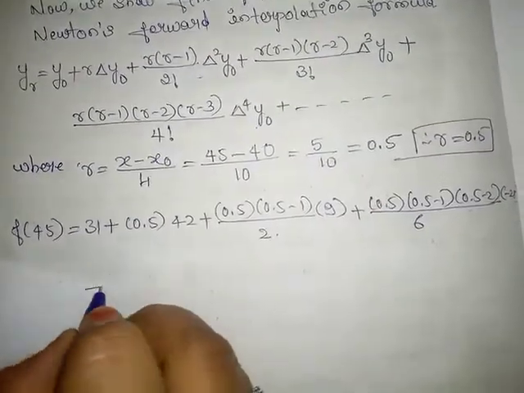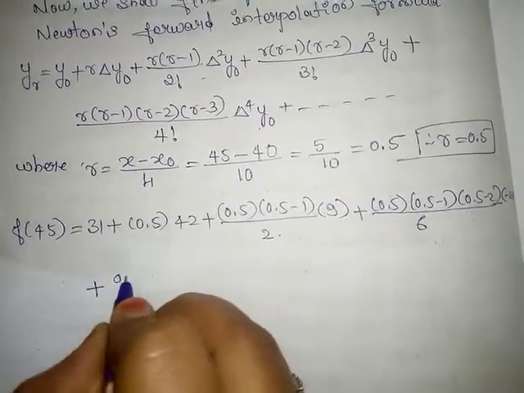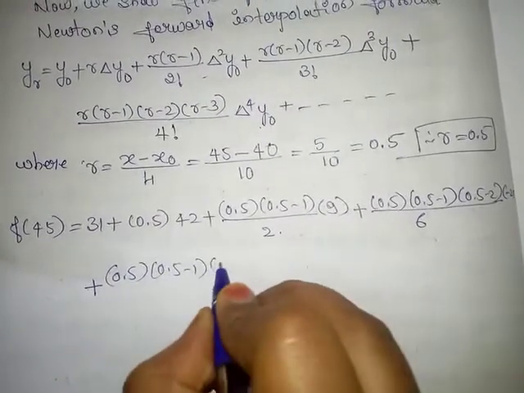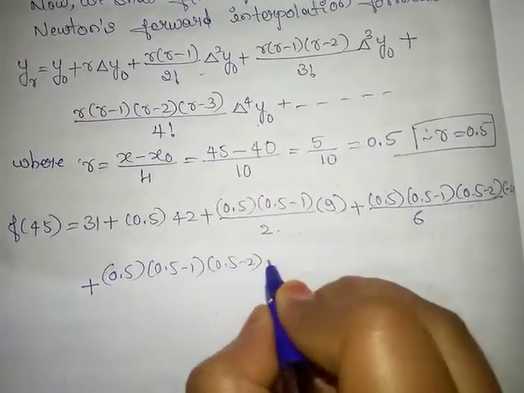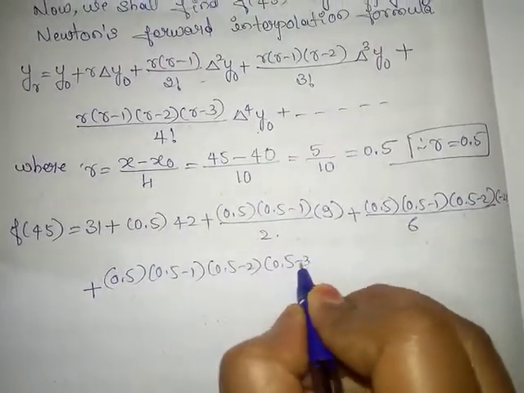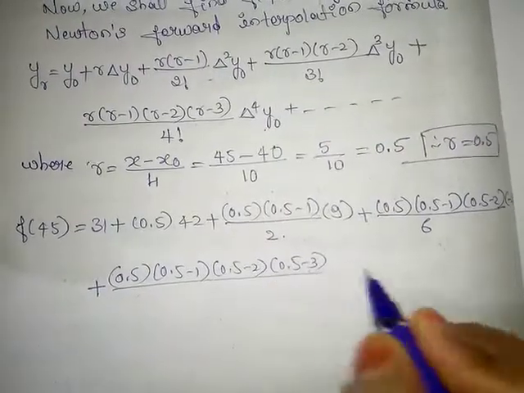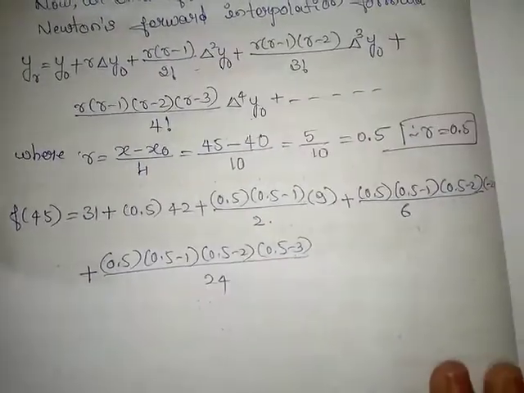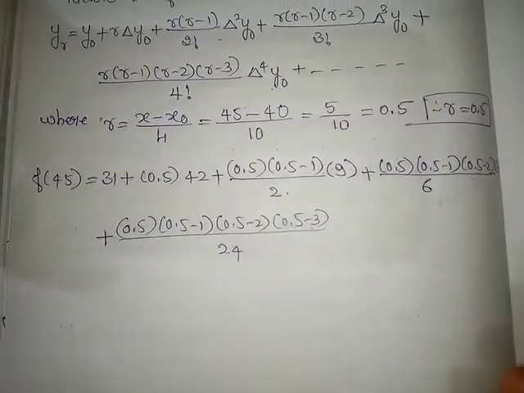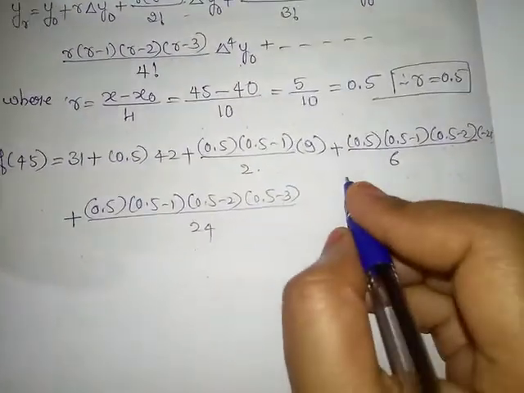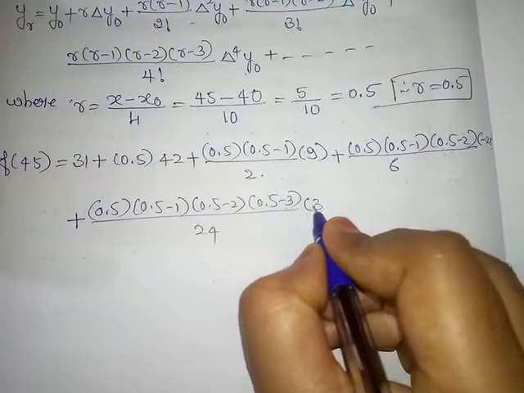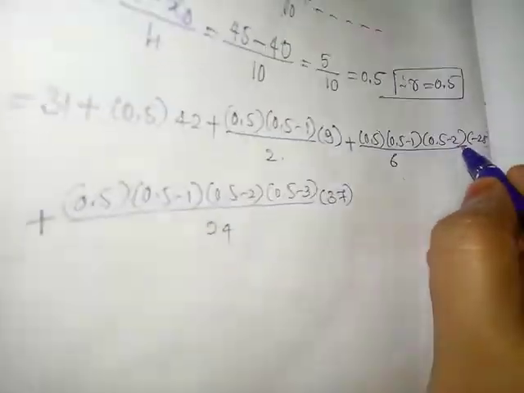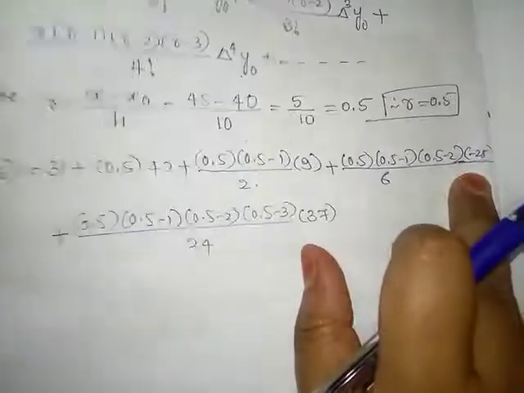And the last term, plus 0.5 into 0.5 minus 1, 0.5 minus 2, 0.5 minus 3 divided by 4 factorial, 4 into 3 into 2 is 24, into 37. Here we have minus 25, don't forget that.